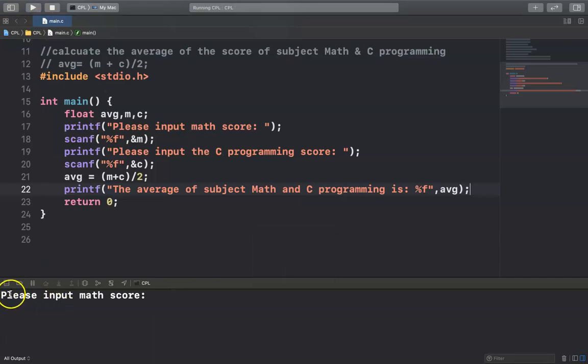You see, the first it will print please input math score. For example, the user input the math score here is 80.5 and then enter.